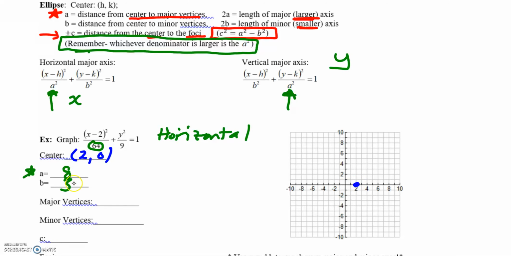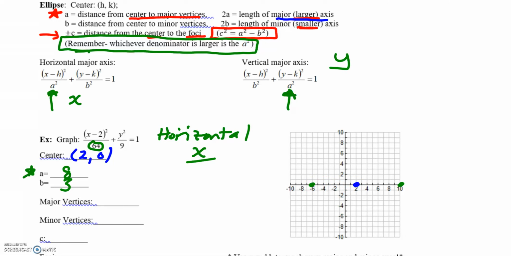And then the A and the B do help graph, or at least start to graph my ellipse here, even without the foci. A, again, is the distance from the center to the major vertices, and they're on the major axis. So from my center, I would go 1, 2, 3, 4, 5, 6, 7, 8 in each direction, because the x-axis has to be the major one, because this is a horizontal ellipse. 1, 2, 3, 4, 5, 6, 7, 8.